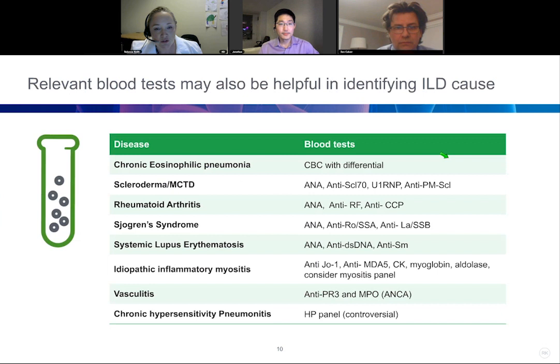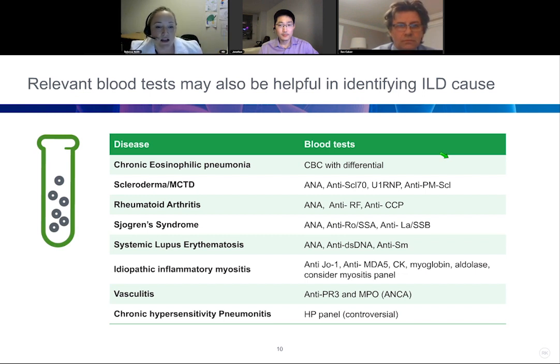So how do we be good detectives? First, we start with a really detailed history and physical. And so we're going to ask lots of exposure-related questions and take a detailed work history. We're going to spend a lot of time doing a physical exam, looking for evidence of occult collagen vascular disease like synovitis, or mechanics hands, where you can look and see that there's dryness along this part of the hand.